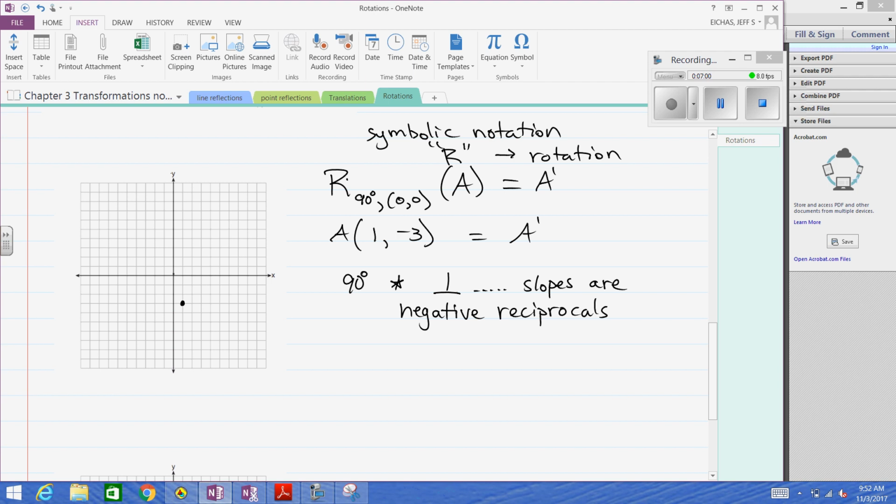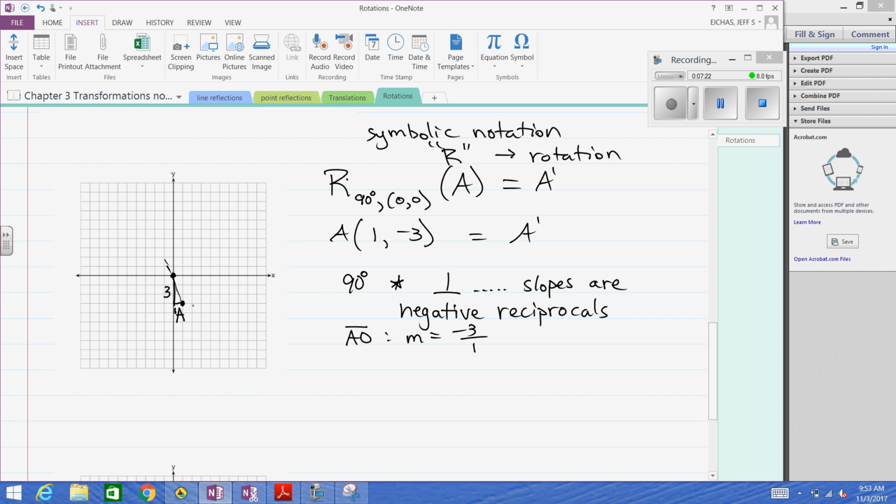So what do I do? Well, I connect back to the center of rotation. In this case, it's (0, 0) from A, right? And what I get is over 1, up 3, all right? So what I get is a slope from A to O, as I'm going to call it. I get a slope of -3 over 1, right? That's a down, right?